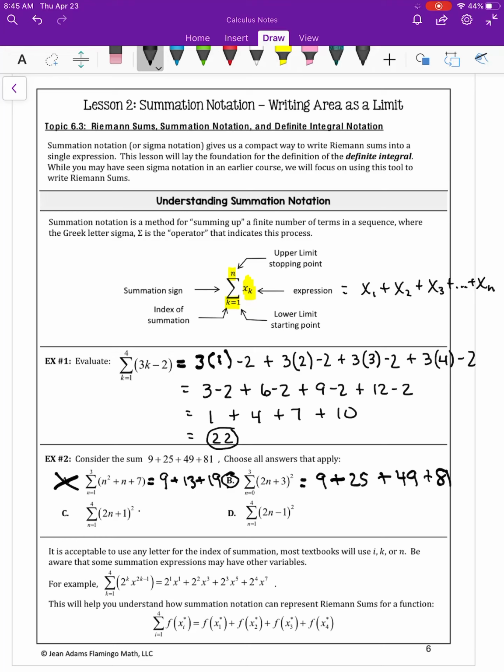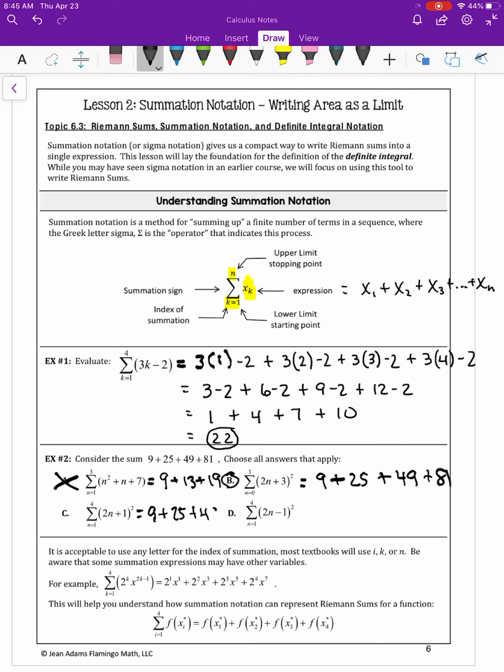Plus, then I put a 2 in. 2 times 2 is 4 plus 3 is 7 squared is 49. Then I lastly put a 3 in. 2 times 3 is 6 plus 3 is 9 squared is 81. So this one I would circle as a yes. That one does equal what they wanted.